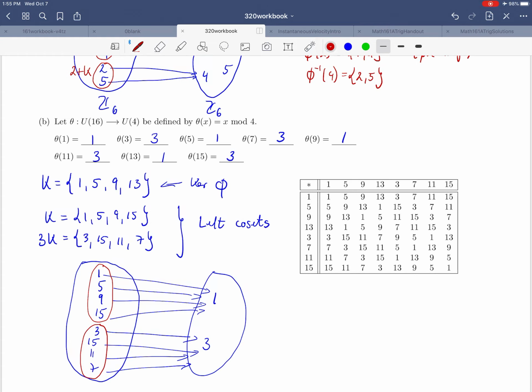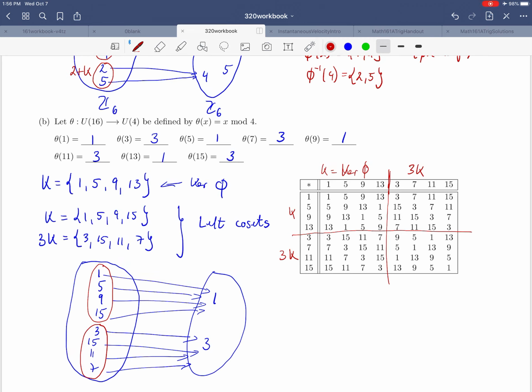Now, looking at the Cayley table, actually we can look at both of our examples. If you look at the Cayley table, the elements are written in the order so that the elements that are in the same left coset are next to each other. So we kind of have this dividing line right here. So if I divvy this up according to cosets, here is our kernel K, and over here we see 3K.